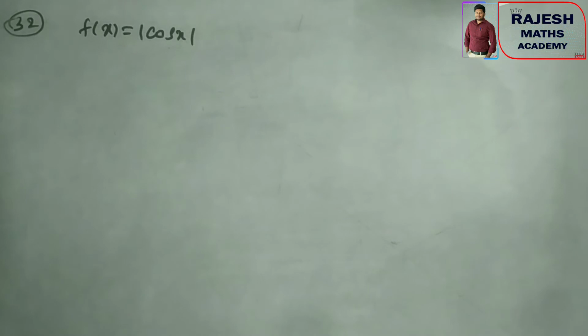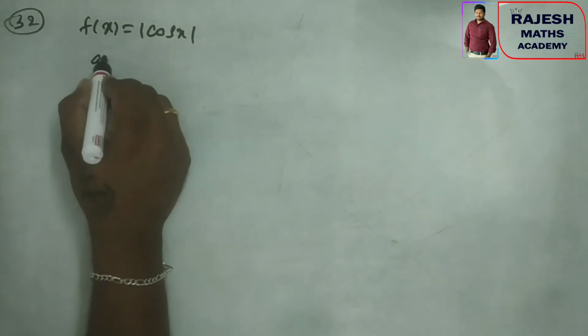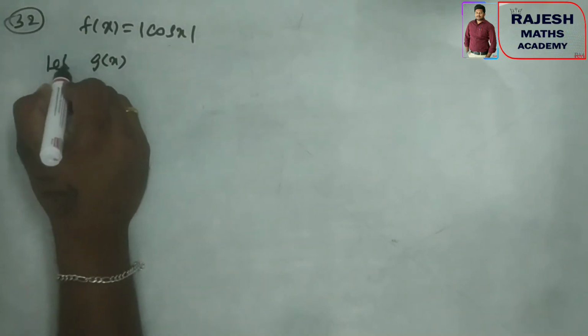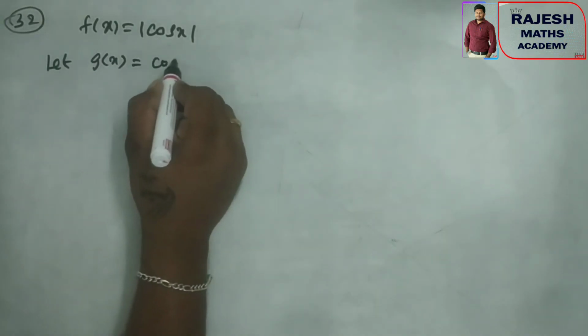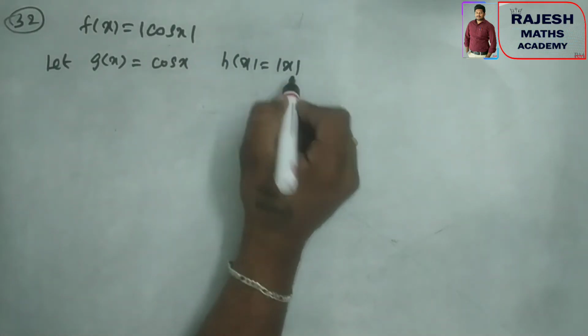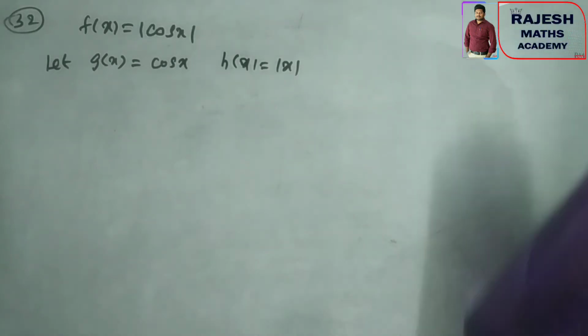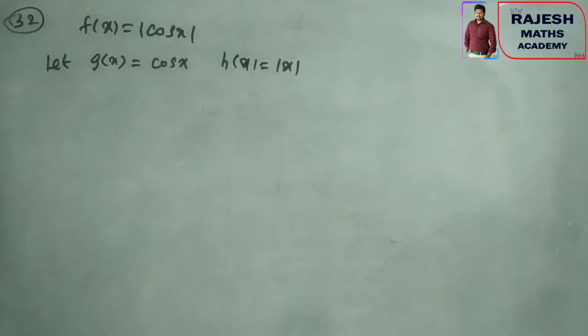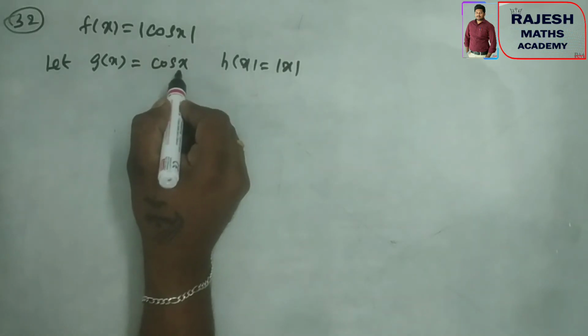So we will use the concept of composition of two functions. I am considering g of x equals cos x and h of x equals modulus of x. Now g of x, cos x, is continuous.